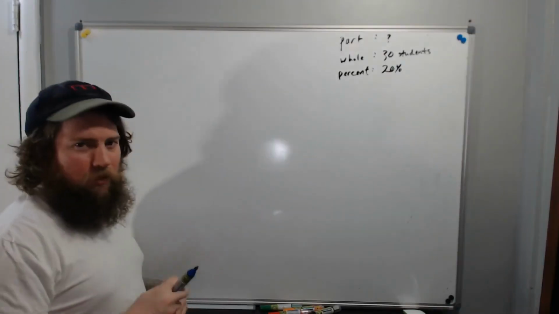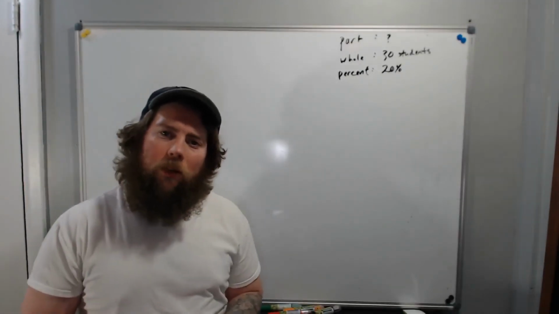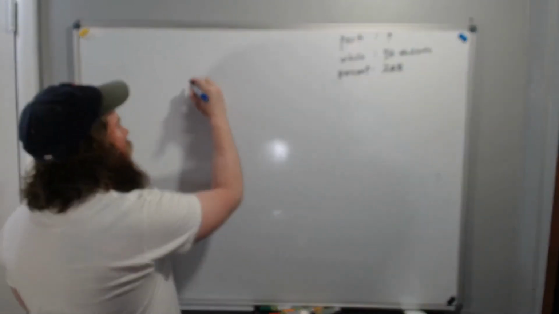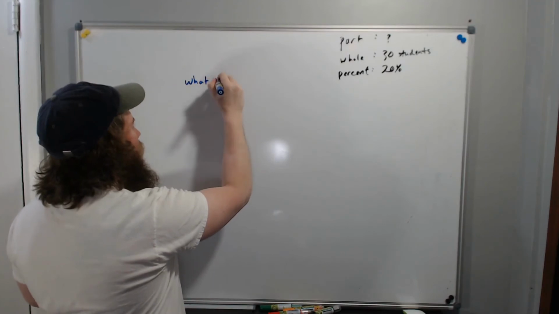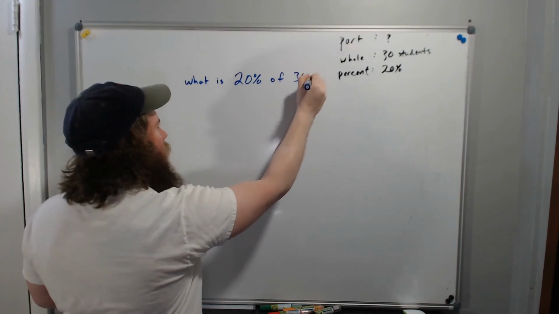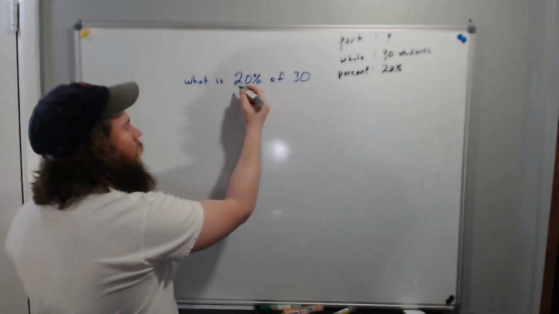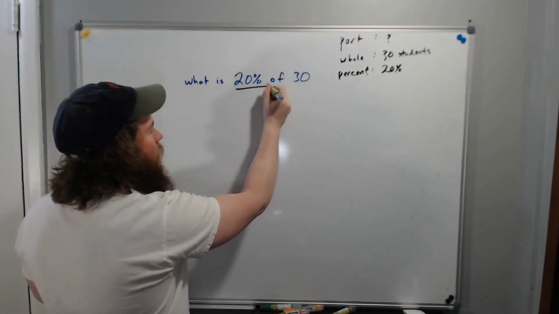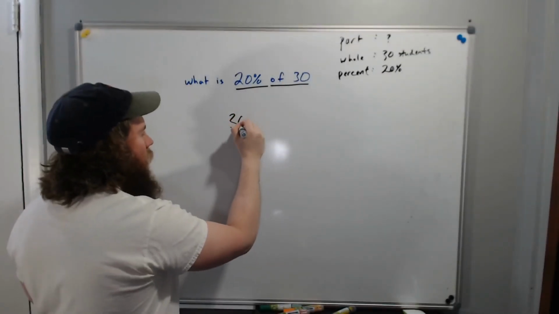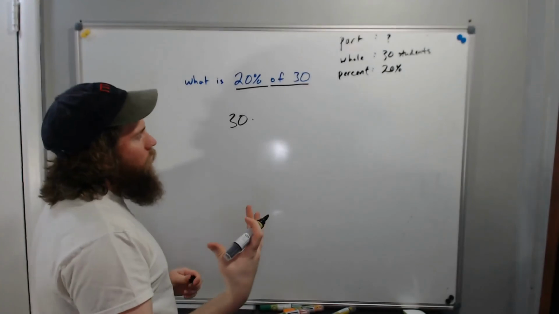Okay. And I'm actually going to do this 2 separate ways too. So in the first one, has to do with that kind of phrase I said in the beginning. So what this question is really asking is, what is 20% of 30? Okay, and as some of you may have picked up, right away, 20% of 30 means we're going to take 30 times 20%, but we can't just multiply by a percent.